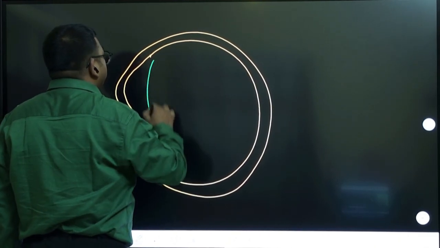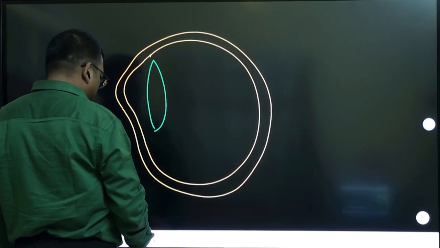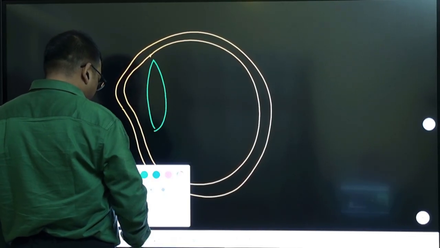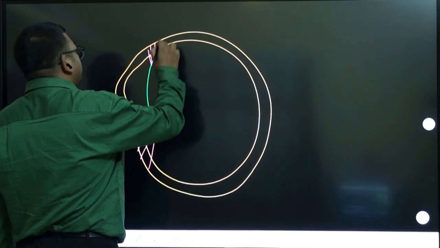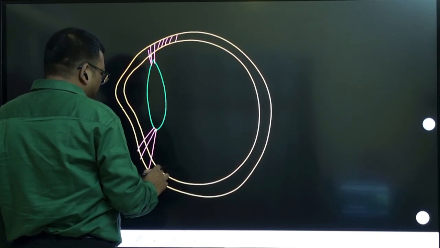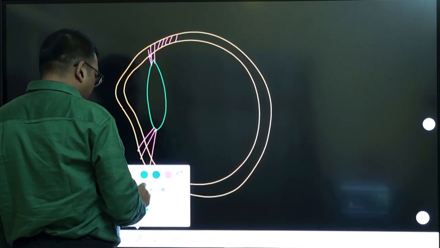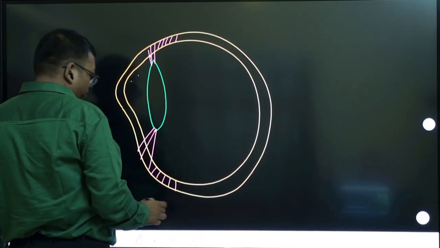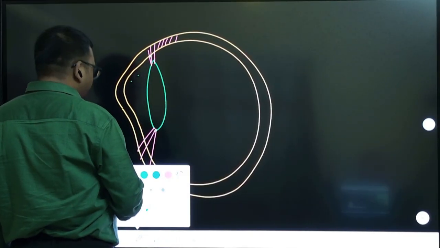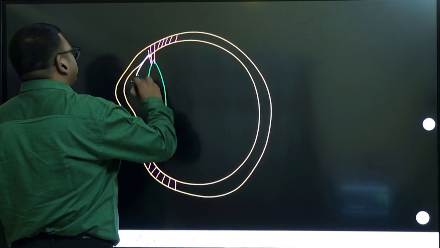And there is a ciliary lens, I mean a crystalline lens, and that crystalline lens is held by ciliary muscles, and of course there are also ligaments, and then there is what we call the iris.